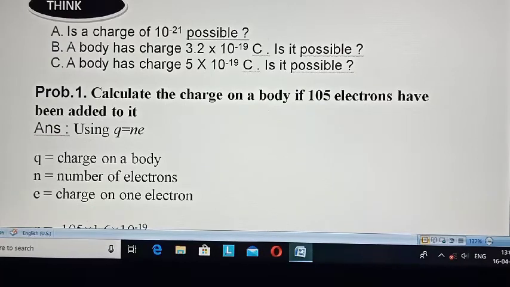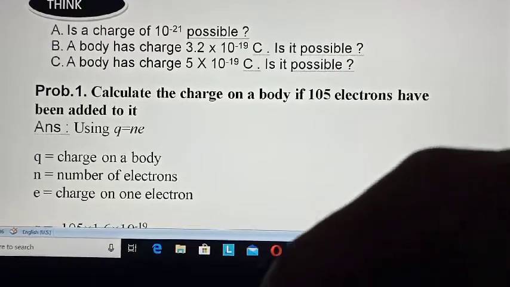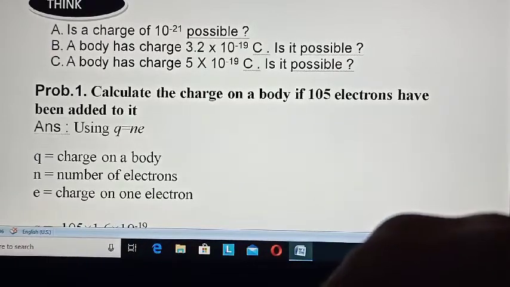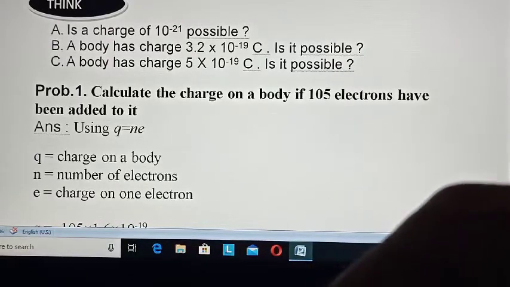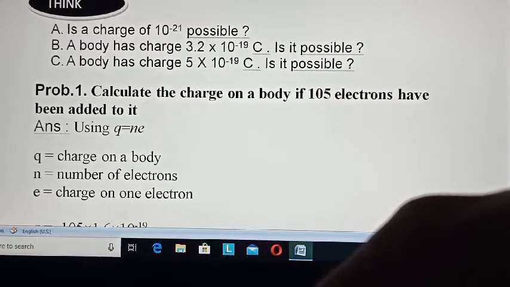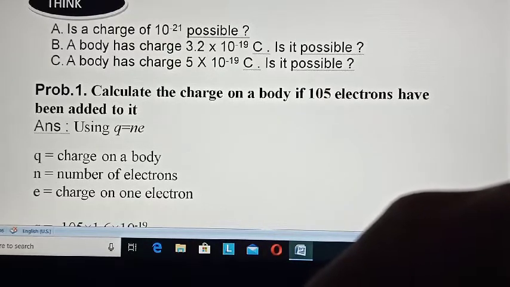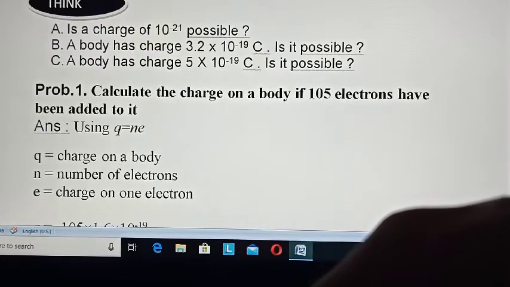So definitely it is not possible. Already we have discussed that the simplest possible charge is 1.6 into 10 to the power minus 19 coulomb. So this 10 to the power minus 21 value is less than 10 to the power minus 19. So this is not possible.